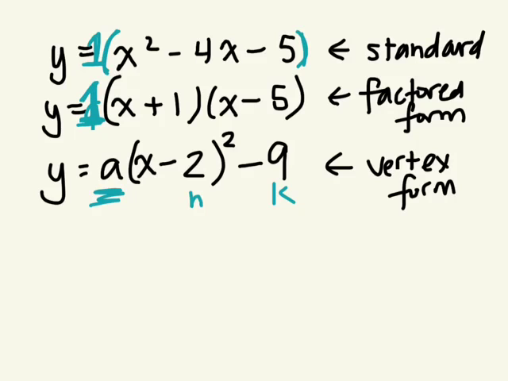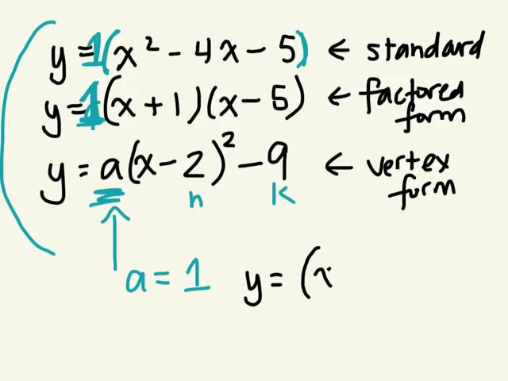A is 1 in standard form and factored form. The A value is the same in any form. So the A value in vertex form, because all of these represent the exact same thing, what's A equal to? 1. Is it always like that? Yes, the A value is always the same no matter what form it's written in. That's something you should remember.